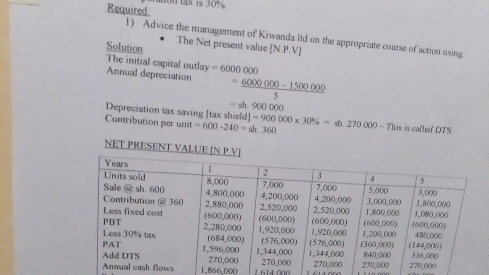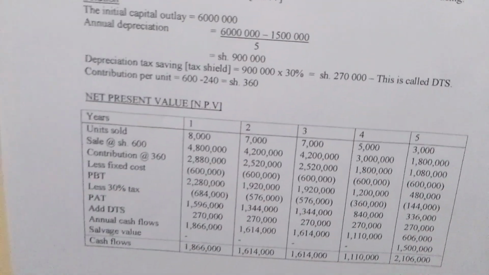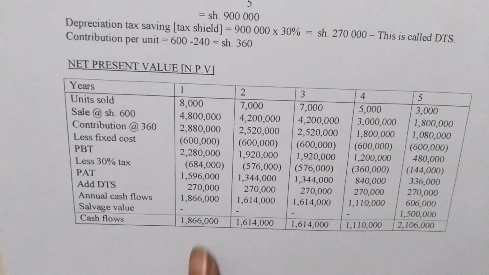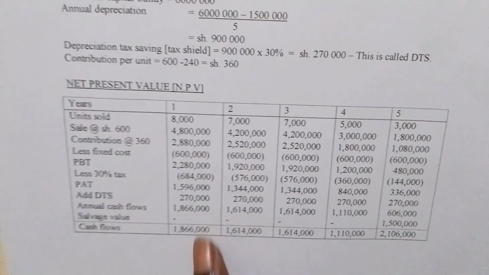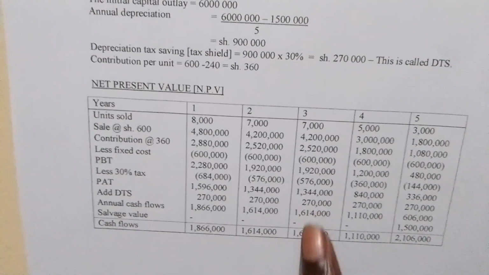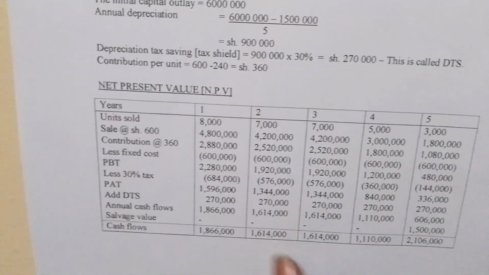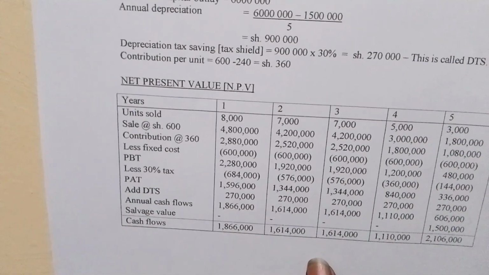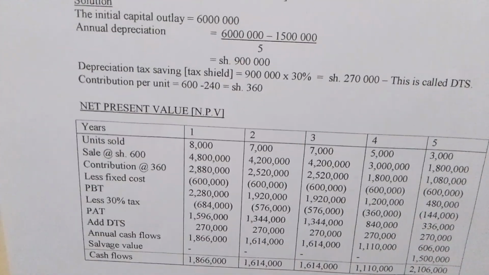So these cash flows now are the ones that we are going to use. We calculate the present values of these cash flows, we sum them up to get the total present value, and then we less the initial capital outlay.